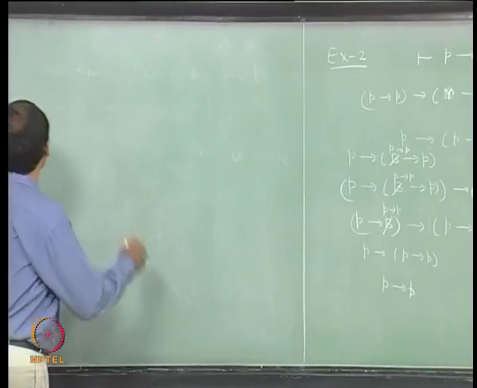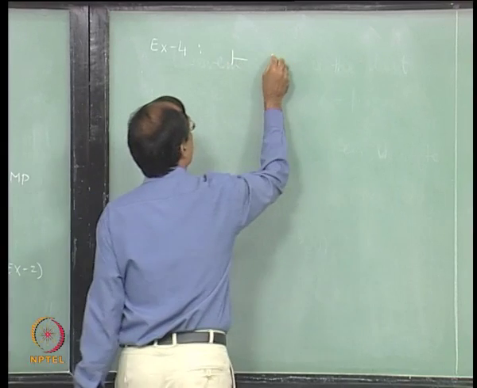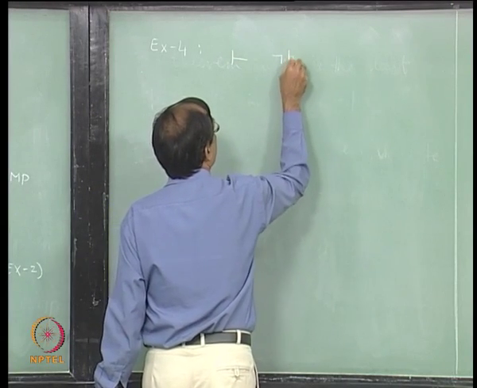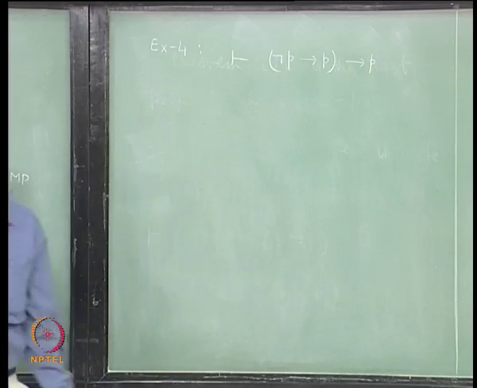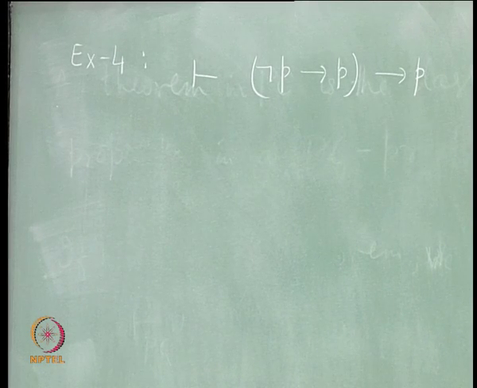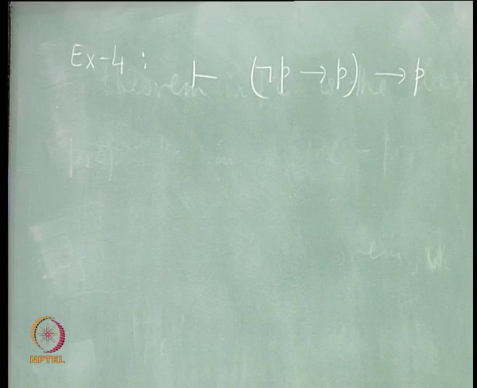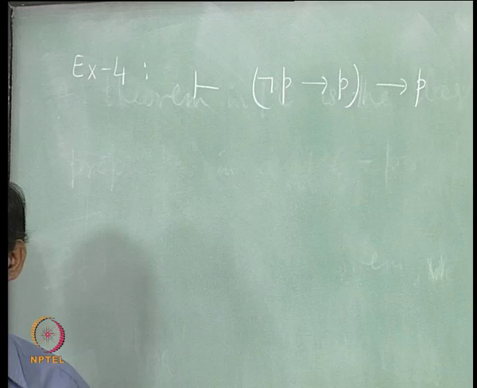Let us take one more example. Yes, now try this. So, it looks like we will be using axiom 3 somewhere, but where exactly we do not know.